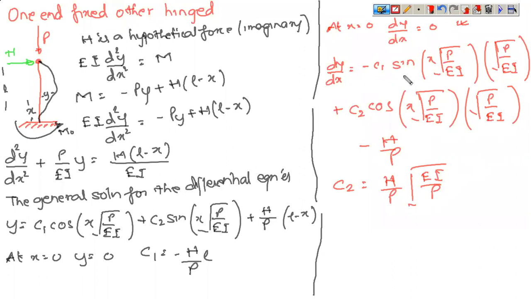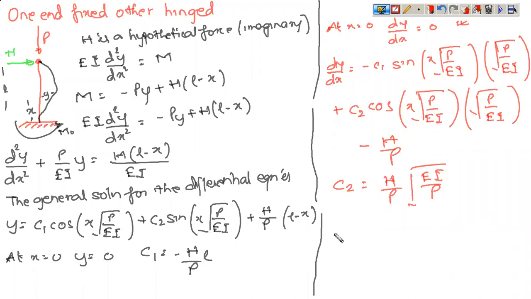This is 0, this is 0, you have C2 cos, and cos of this is 1. So C2 into under root P by EI minus H by P is equal to 0. So H by P you take to the other side, and C2 becomes equal to H by P under root EI by P. So you get the value of C2.